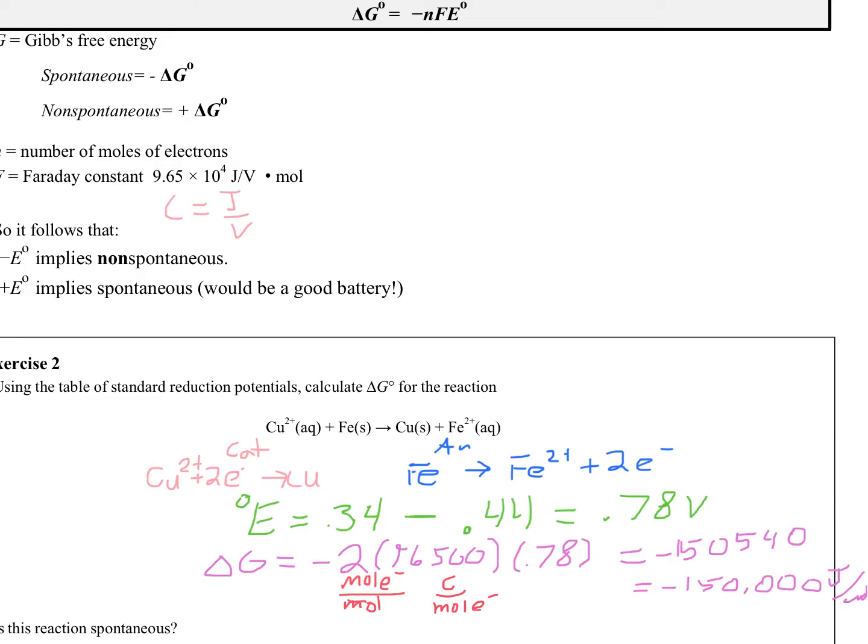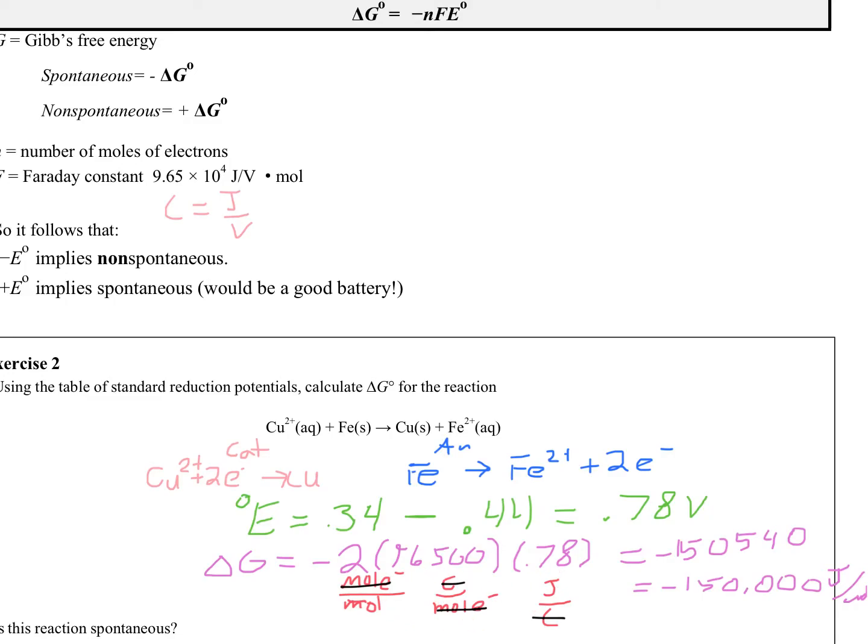And then my unit for volts, now volts wouldn't cancel out, but a volt is also a joule per coulomb. So to look at what cancels, moles of electrons, coulombs, coulombs, so I get joules per mole. So this can be a little bit complicated, trying to actually write out the units because coulombs could be joules per volt. And if you'd written it like that, then you could have left volts here. The volts would have canceled and joules would have been left. Or you can say it's coulombs per mole of electrons. So it can get a little bit complicated.